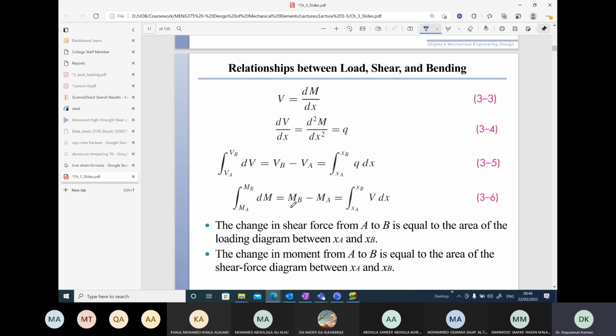In the same way, the difference in the bending moment values is obtained by integrating the shear force between those two points. We are just inverting the relationship given here. That's about it.